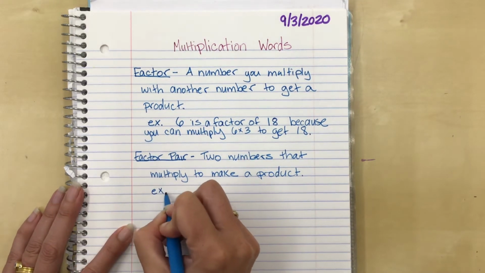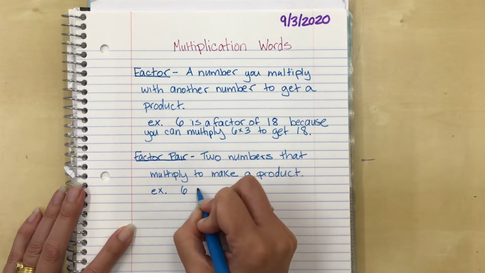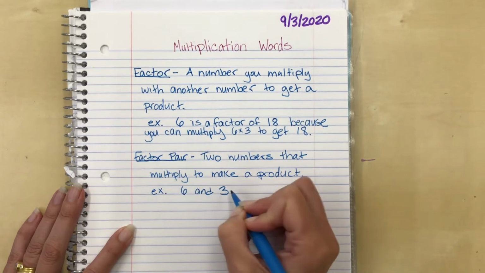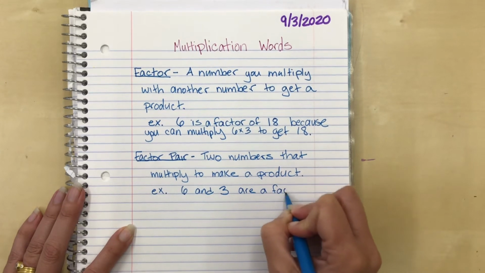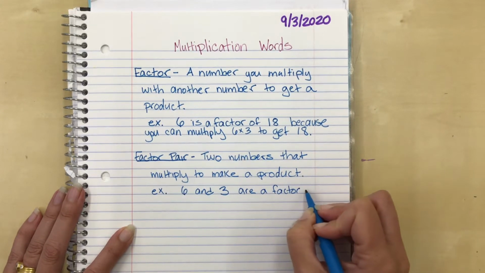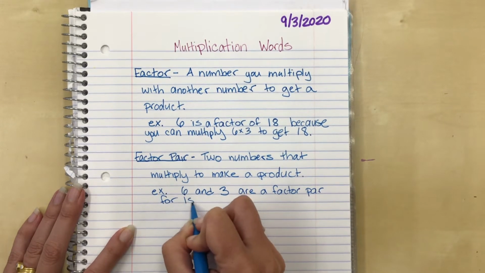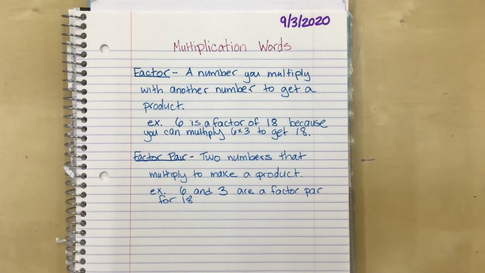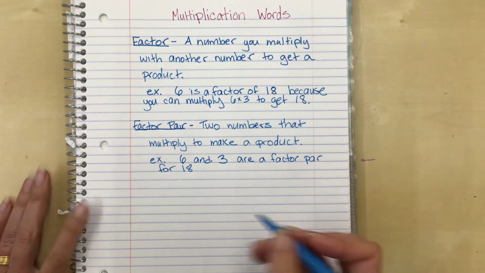So example, 6 and 3 are a factor pair for 18. Because 6 times 3 is 18. Okay. Our next multiplication word is prime number.